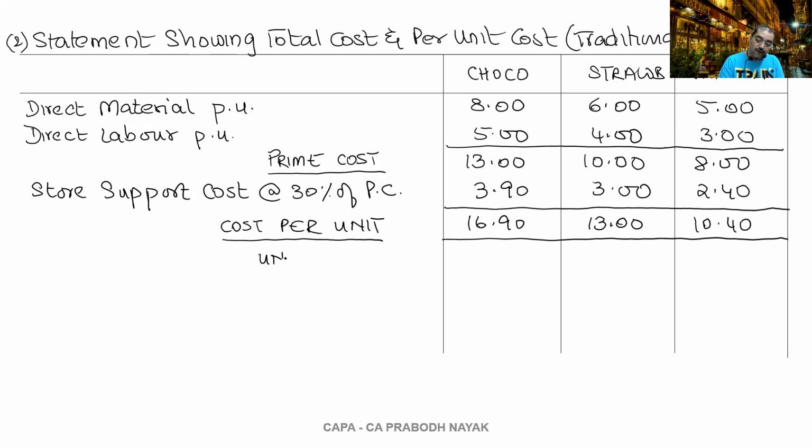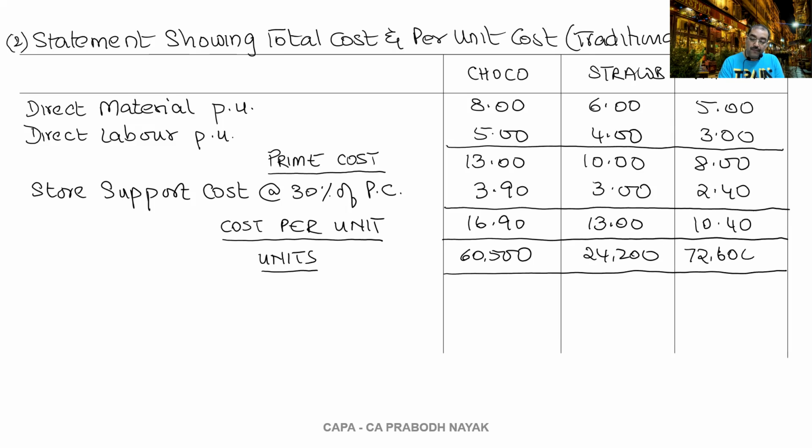Now write down the number of units: 60,500, 24,200 and 72,600. Multiply now and get the total cost.